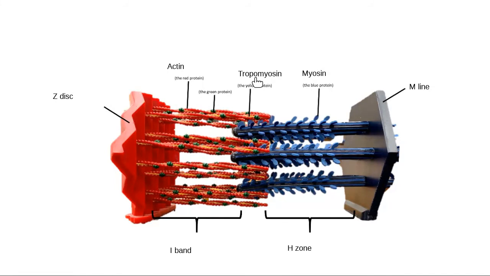Tropomyosin, my spaghetti noodle protein, its job is to cover the places where myosin would normally attach to actin. So tropomyosin covers what are called the myosin binding sites. Its job is to make it so that myosin can't always attach to actin.